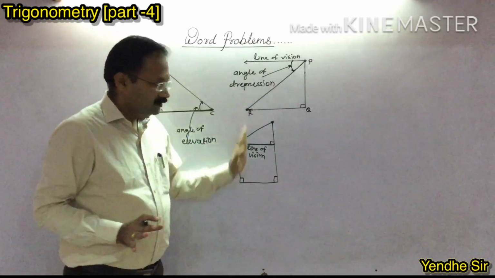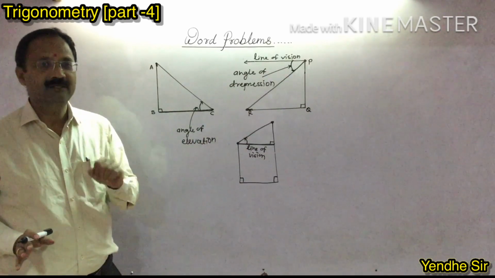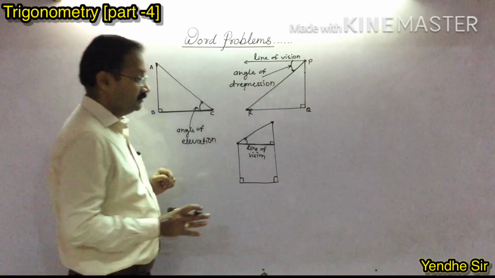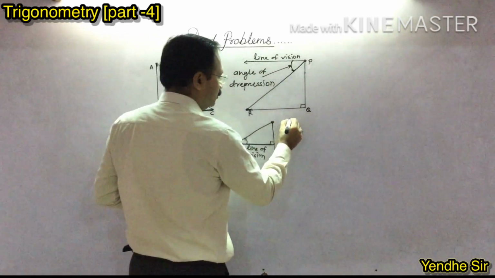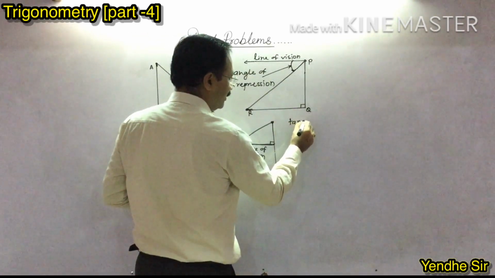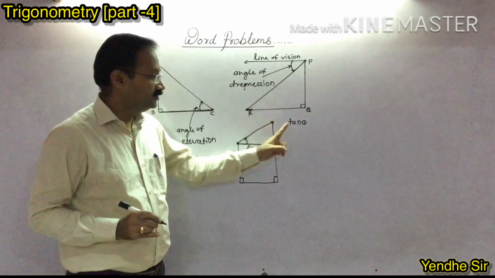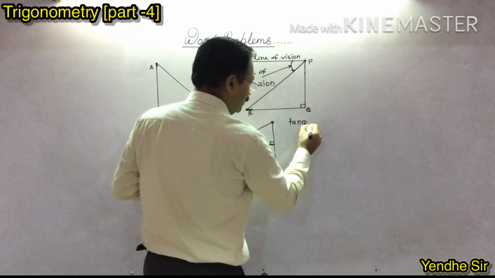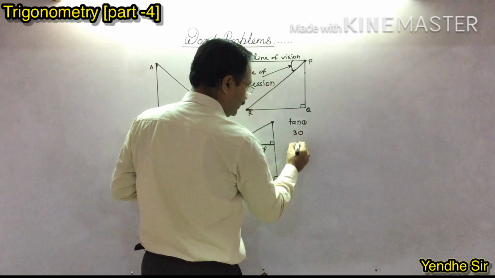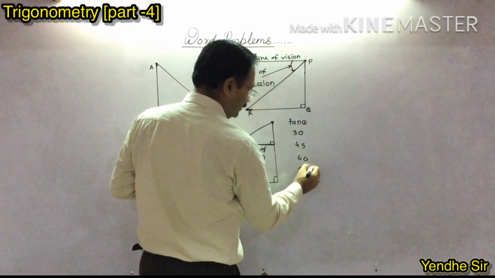Okay? So if you remember these things, then you have to remember another three things. Which are they? In these word problems, you have to always use tan theta values. You have to use this ratio, only tan theta. Tan theta, we know that 30, 45, 60 and 90.